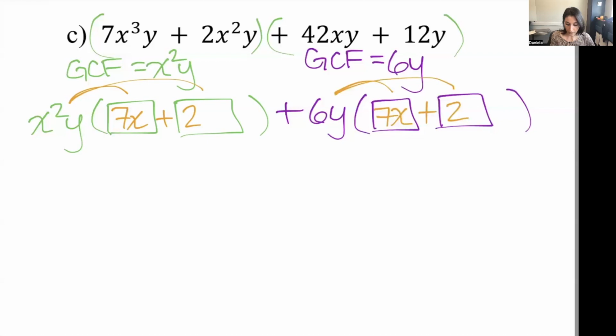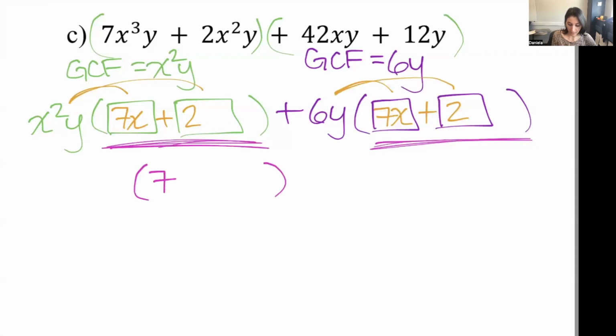The goal when you factor by grouping is we should end up with matching parentheses. So essentially, we're going to be pulling that out of both 2 terms. Whenever you have matching parentheses, people like to write the matching parentheses first, although it doesn't matter because of the commutative property.